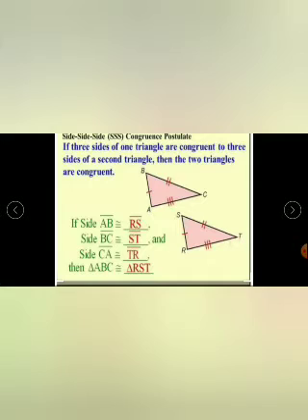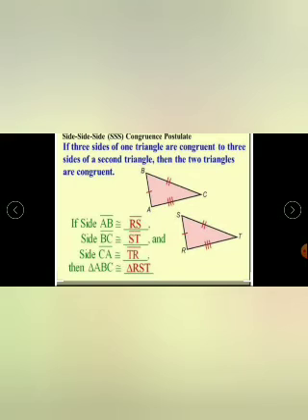That means the sides and the angles should be corresponding. The corresponding angle of A will be what? R, not S, isn't it? The corresponding angle to A is R, the corresponding angle to B is S, and the corresponding angle to C is T. That correspondence should come in the right way, then only the naming of the triangles will be correct.